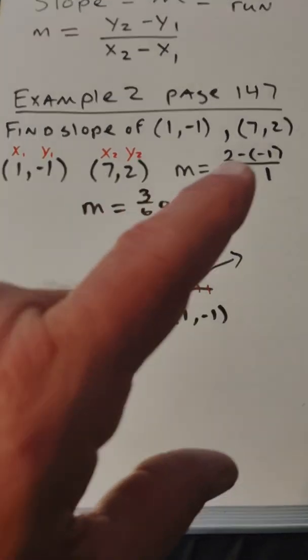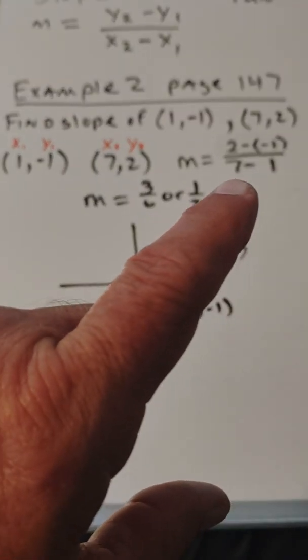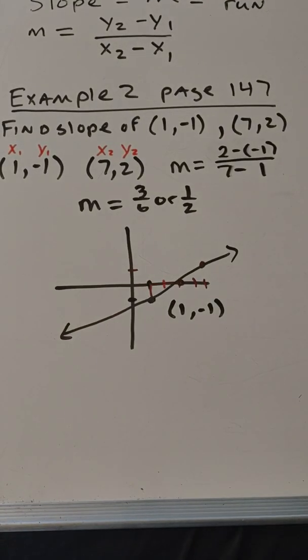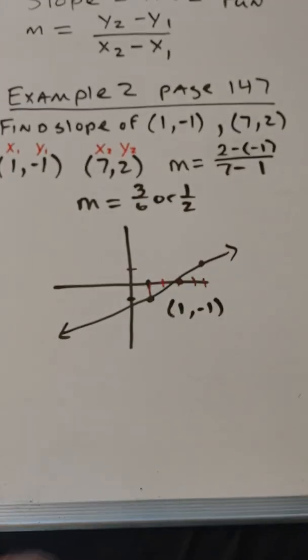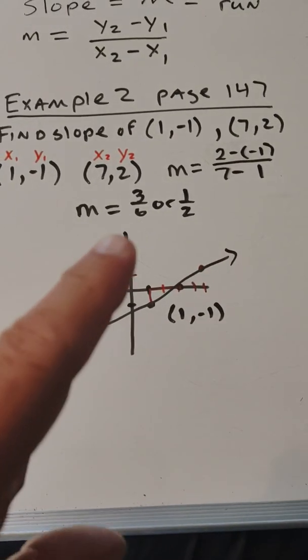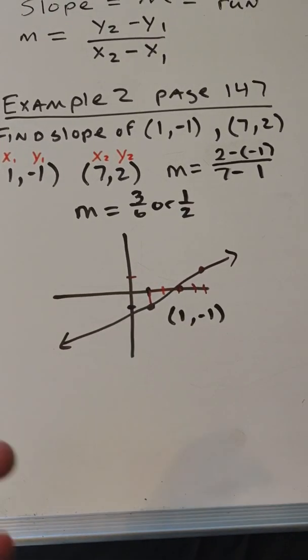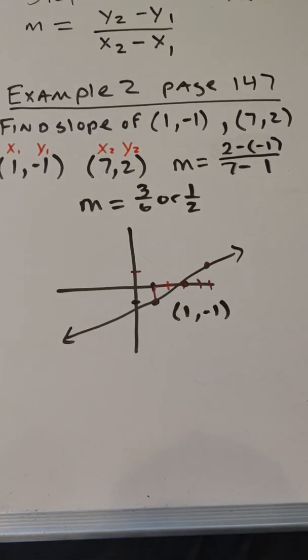So we end up with 2 minus a negative 1 over 7 minus 1. Now, in the slope formula, you got to be careful because you're going to get this situation where you have a minus a negative a lot, which becomes positive. So this becomes 3 over 6, which reduces to 1/2. So my slope is 1/2, and you must reduce the fraction.